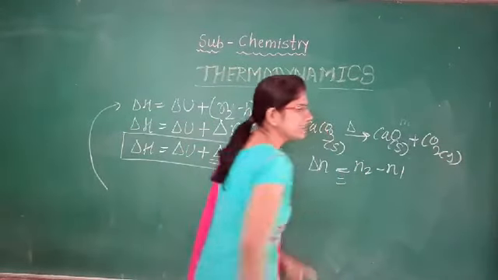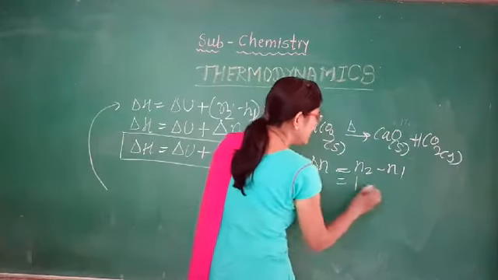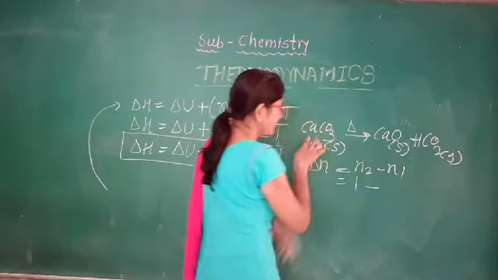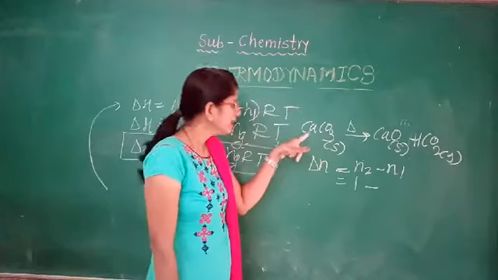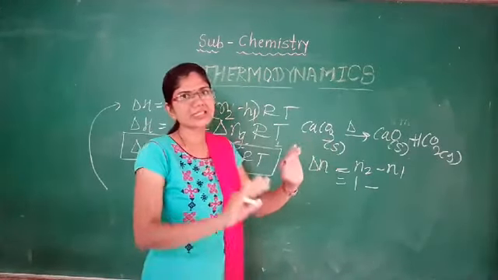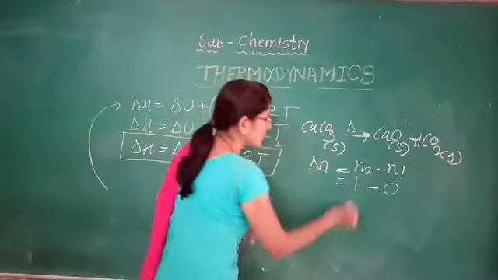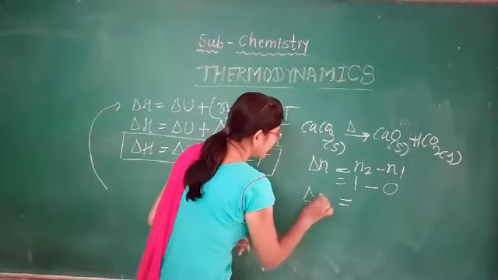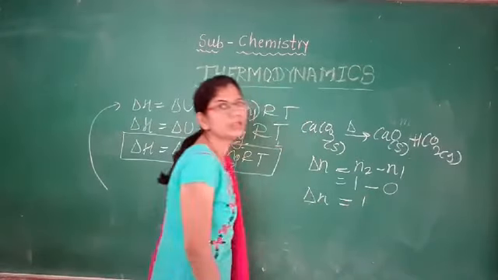CO2 is present in the gaseous state, and the number of moles of CO2 is 1, and therefore minus N1. N1 is the number of moles of gaseous reactants only. Here the reactant is present in a solid state, and therefore it is not to be considered, and therefore N1 is equal to 0, and therefore the delta N for this reaction is equal to only 1.